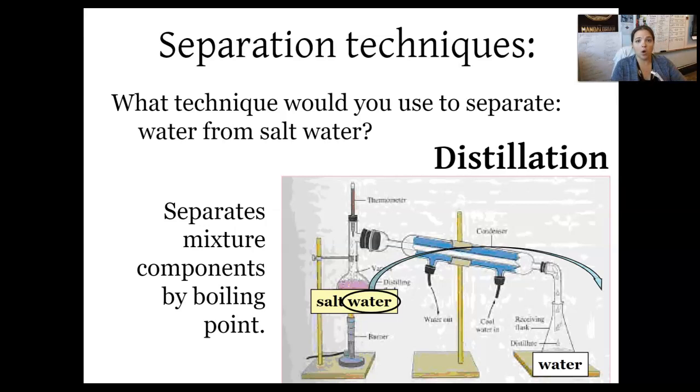So water would boil off first, come up through this little system, cool off, condense, and then drip back down here. I will be showing you guys one of these soon. And then the salt would remain in the container until it hit its boiling point, which it probably wouldn't because it probably burned. All right.